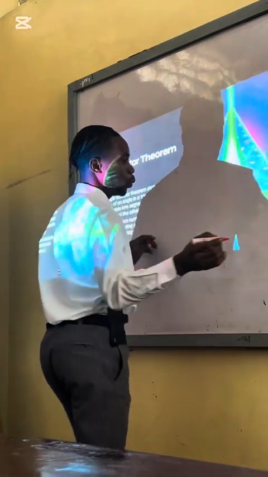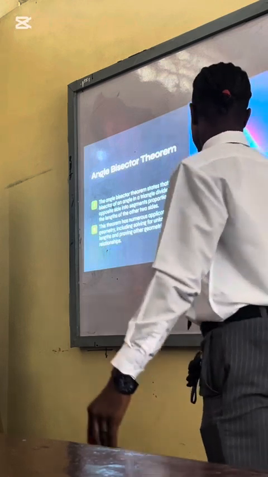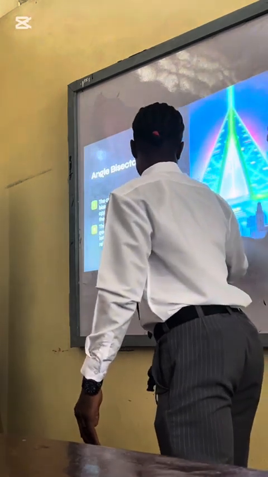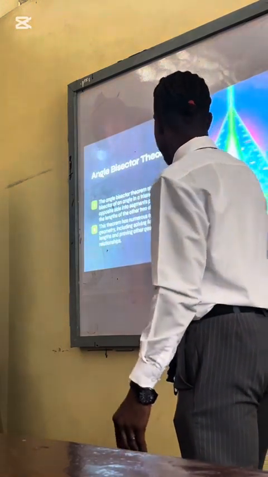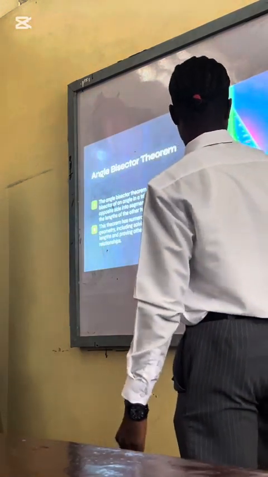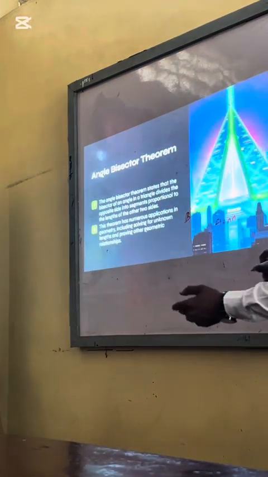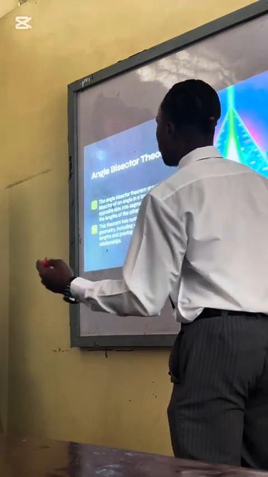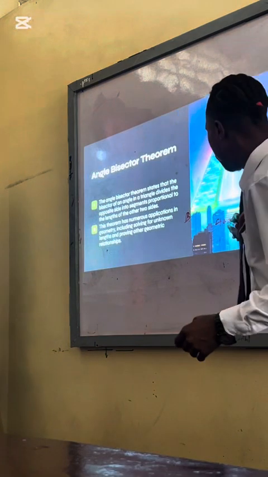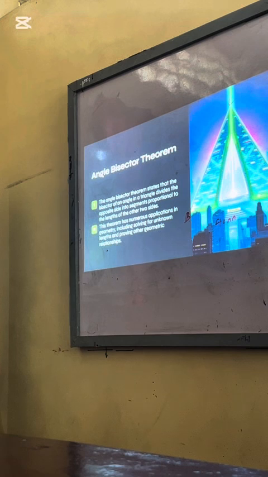Let's use this example that is already on the board. We have A, B, and C. Let's say AB is 40 mm. It says that the bisector of an angle divides the opposite side into equal proportions. So if it's 40 mm, half of 40 is going to be how much? 20. 40 divided by 2 is 20, no remainder.